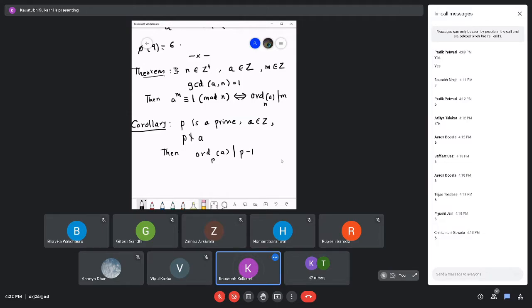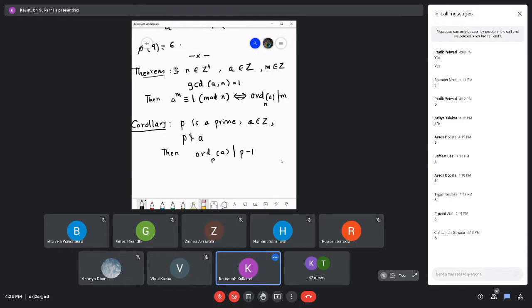So this is the first part of the corollary. It is just like Fermat's theorem and Euler's theorem. So this we are saying for p.